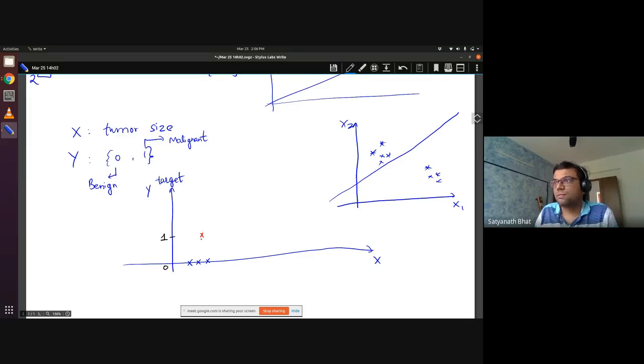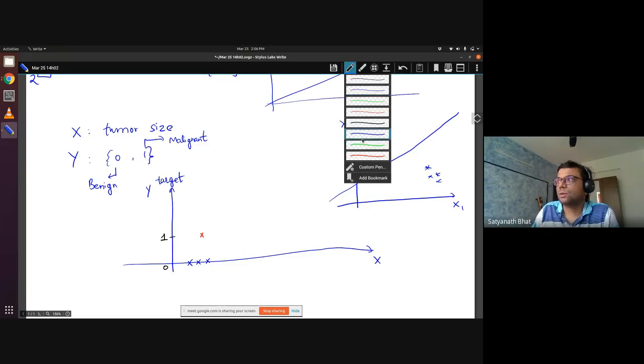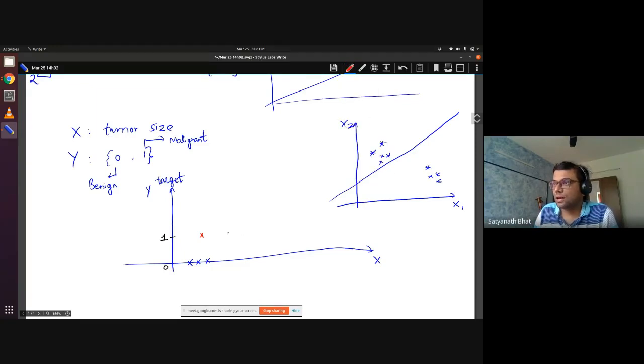So sometimes you will have a particular size tumor, though it is in the range where typically benign tumors are, I will plot it here to indicate that it's actually been identified as malignant. When you do it like this, you will have some kind of a map like this.